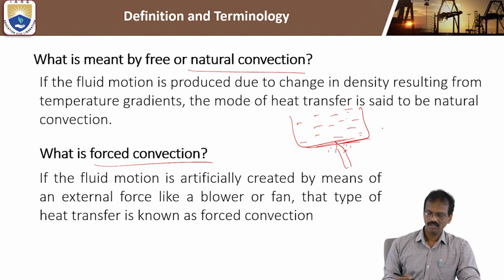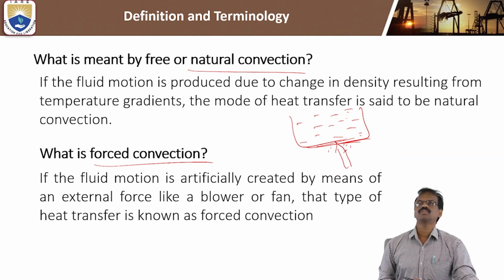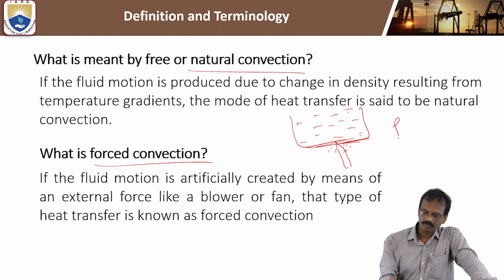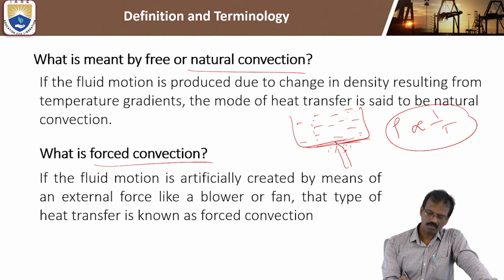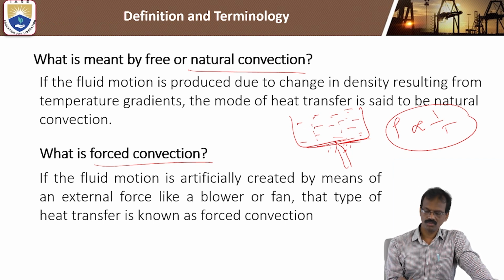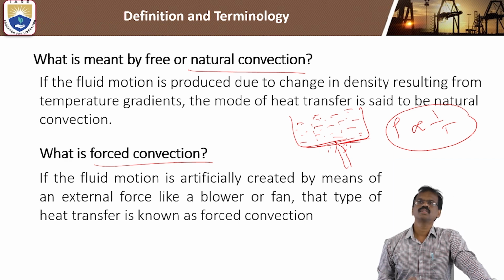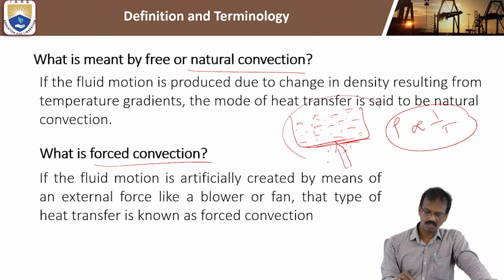When the particles are heated, their density decreases, because density is directly proportional to temperature. Less dense particles move upward, and heavy dense particles move downward. In this way, heat transfer takes place from the solid to the fluid. Here the particle movement occurs naturally due to the effect of buoyancy, so this type of process is called natural convection. We already discussed it.